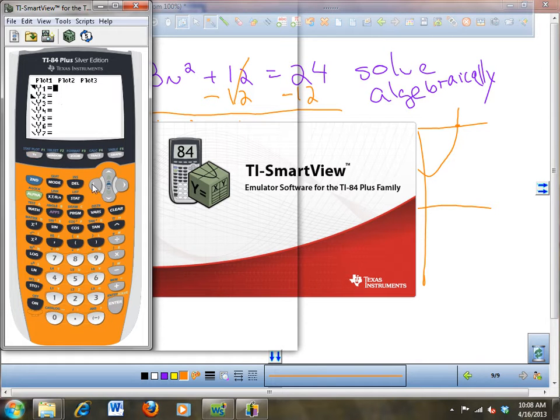I don't want to shade it either. It just needs to be a plain old dash. Sorry, guys.